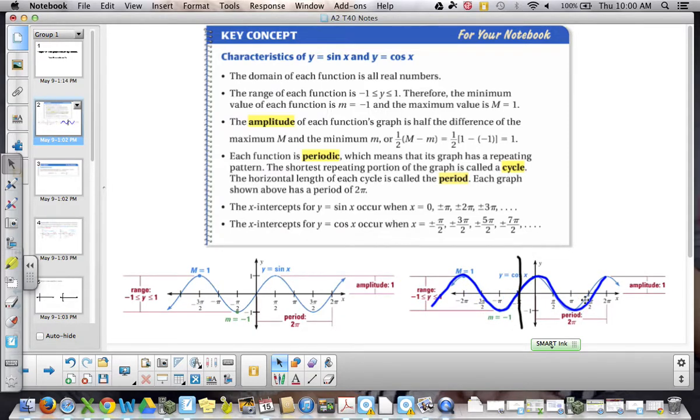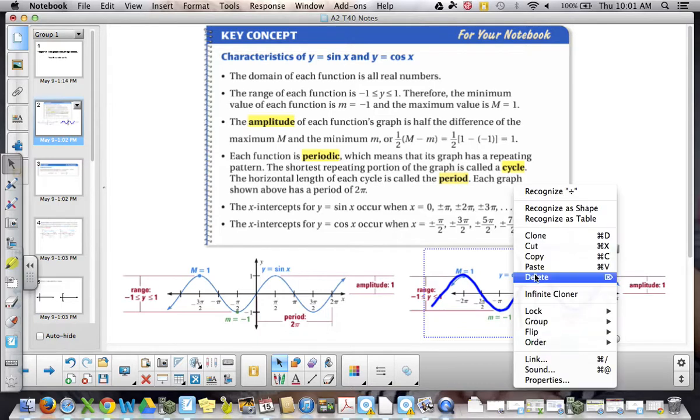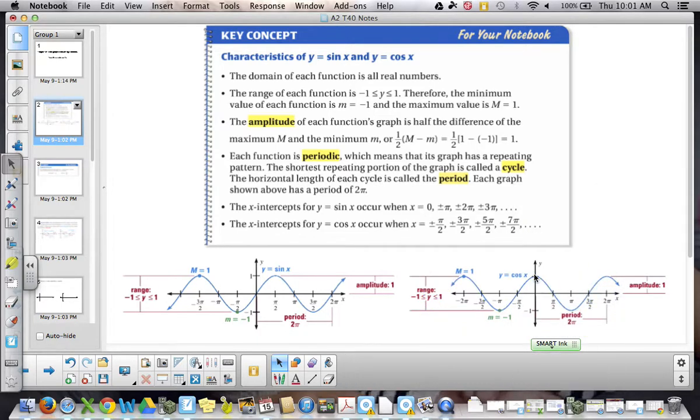The y-axis is just moved over pi over 2 units to the left, so it's just a translation. It's just a sliding of the graph pi over 2 units. All right, so that's the first thing that we want to notice about sine and cosine graphs is that they're essentially the same.